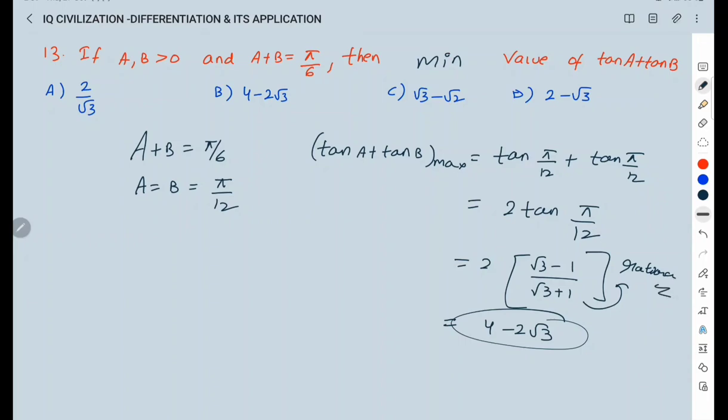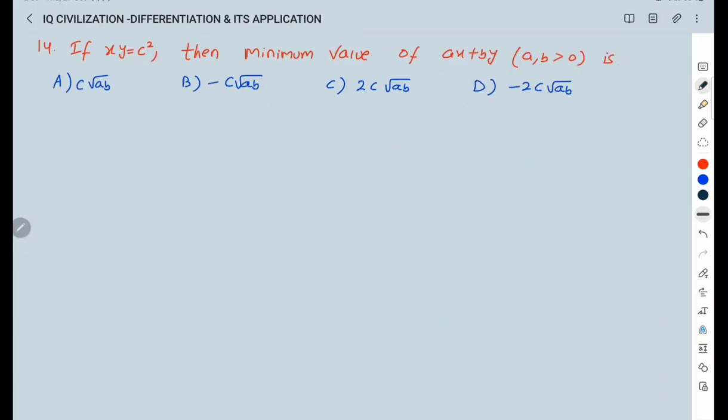Next one. If a curve xy equals c square is given and we have to find the minimum value of ax plus by, for finding the maximum and minimum value we use a small trick: the arithmetic mean is always greater than or equal to the geometric mean. Here the arithmetic mean is ax plus by by 2, and the geometric mean is the square root of ax into by.